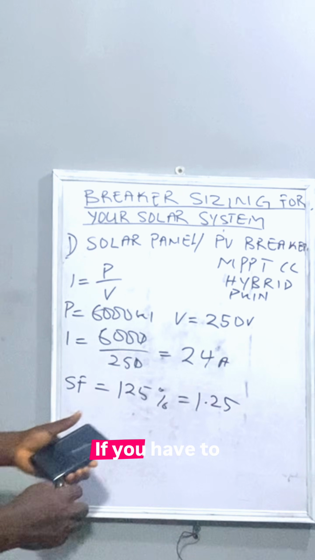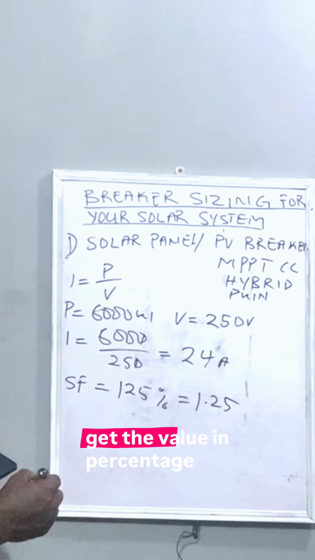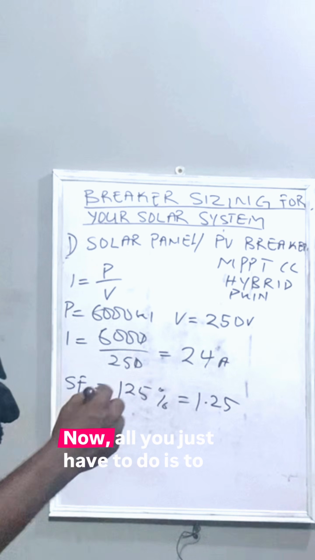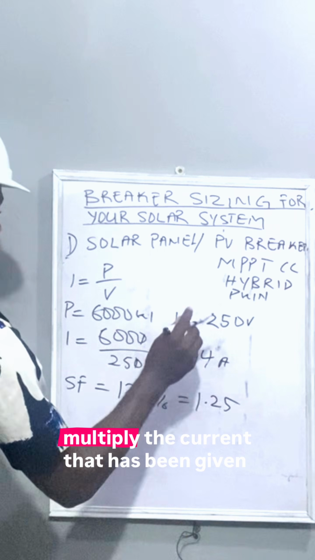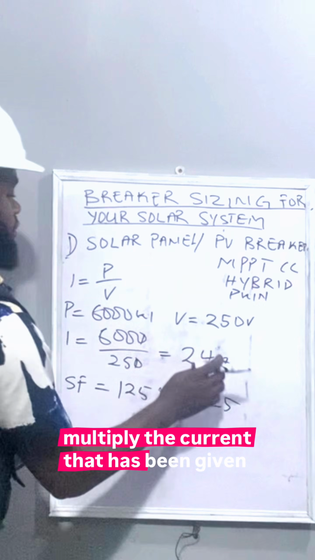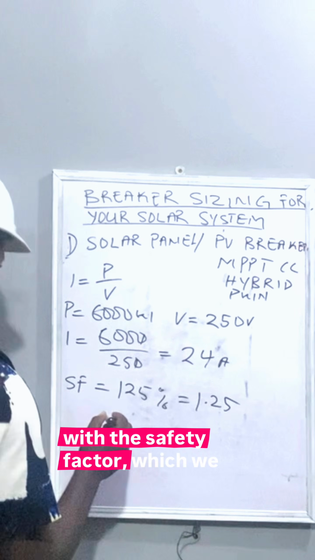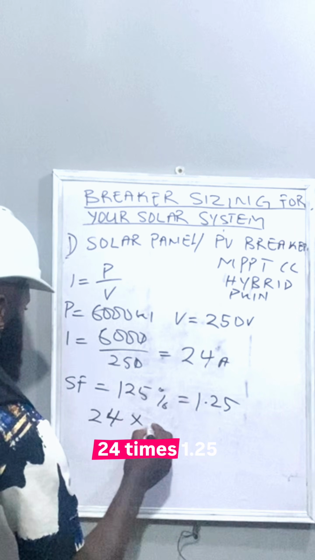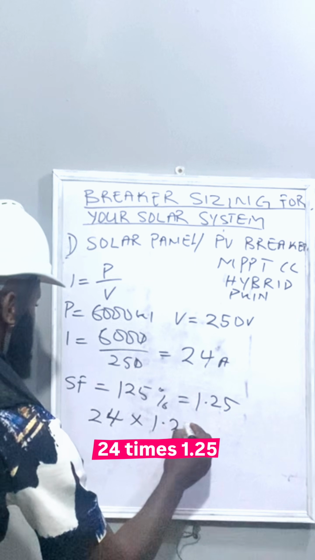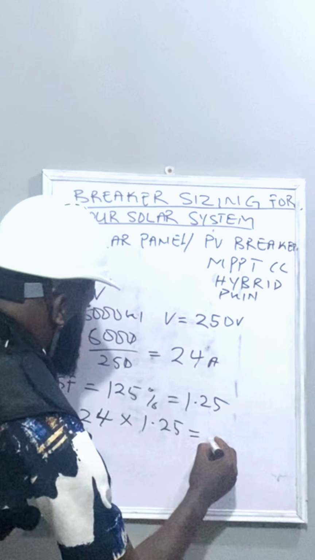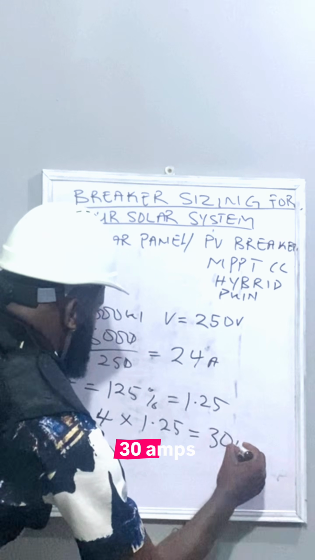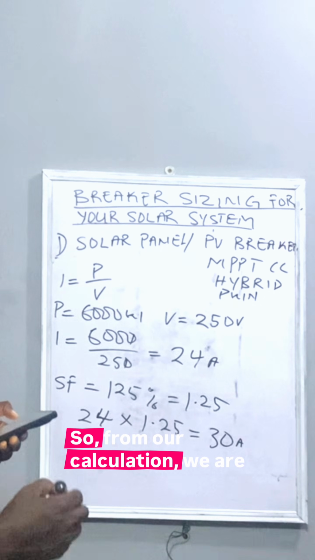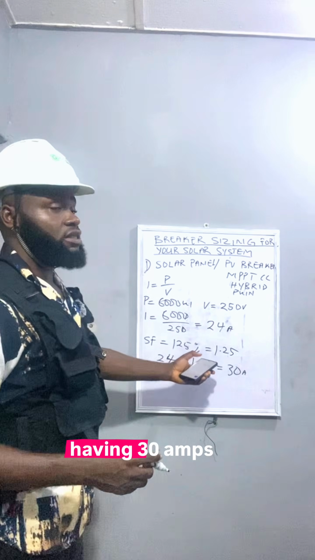All you have to do is multiply the current that has been given by the safety factor, which is 24 times 1.25. So you have 30 amps. From our calculation, we are having 30 amps.